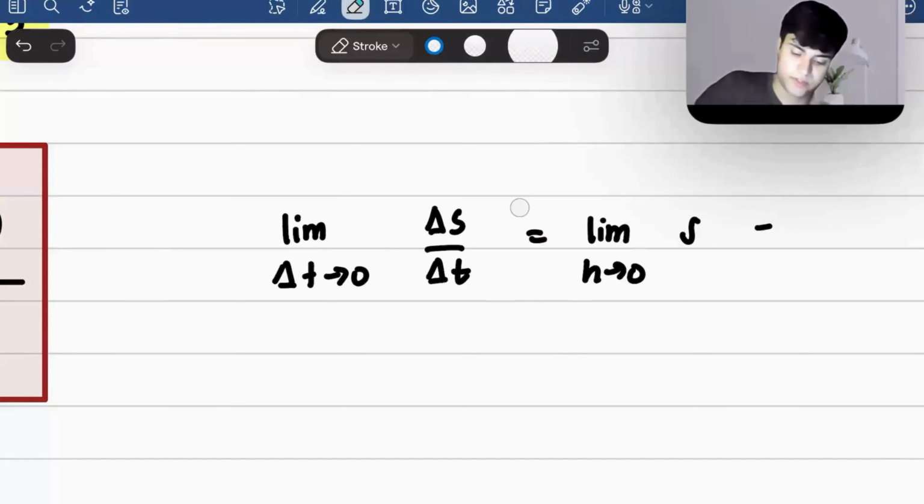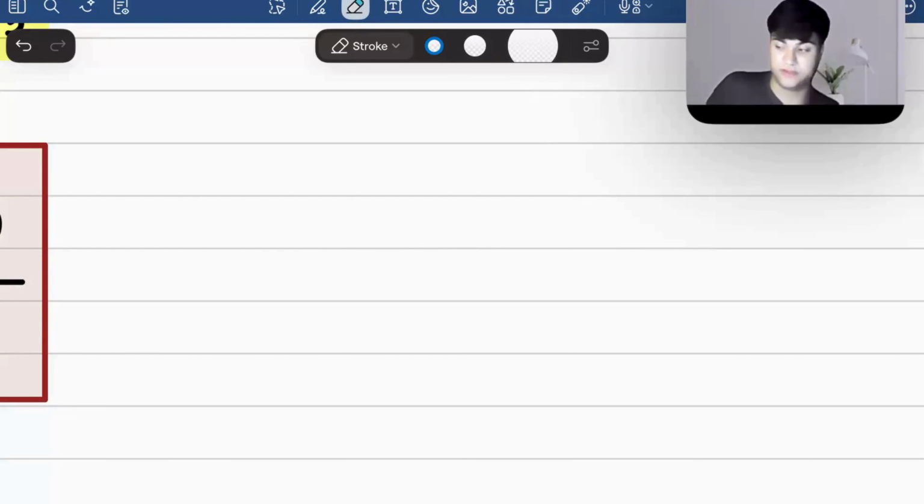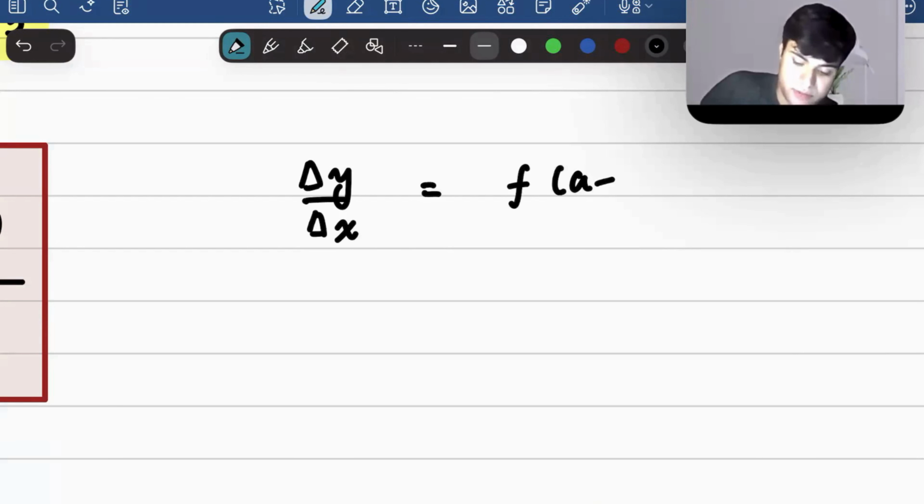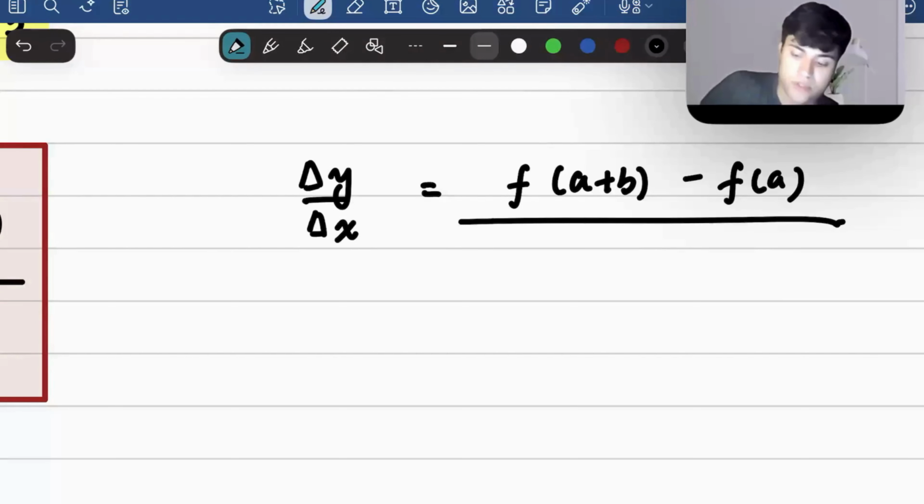Oh, wait, this is the wrong formula. Don't look at this. This is the one that you might find in your textbook for average rate of change: equals f of a plus b minus f of a over b.